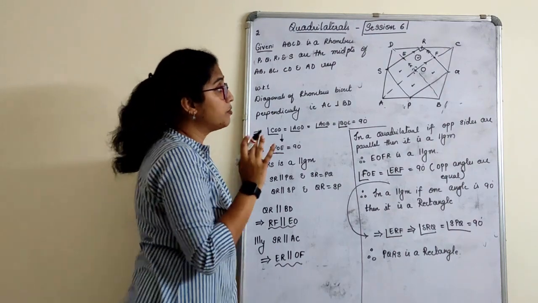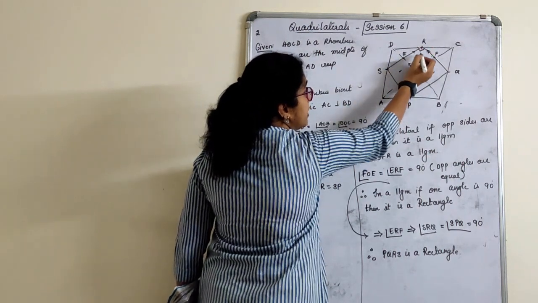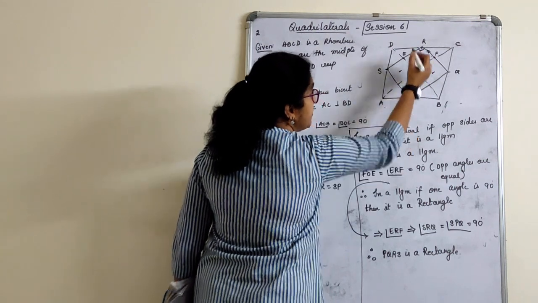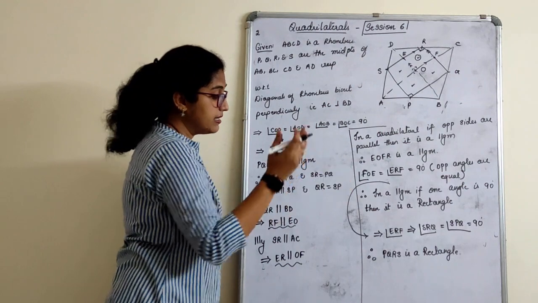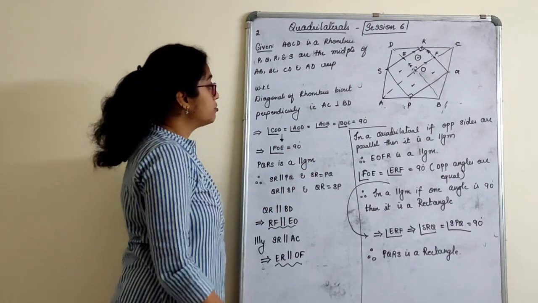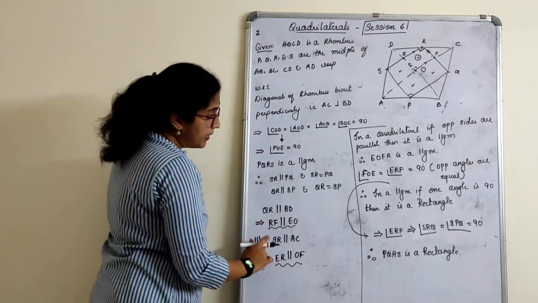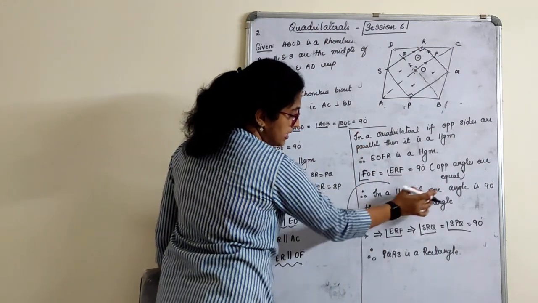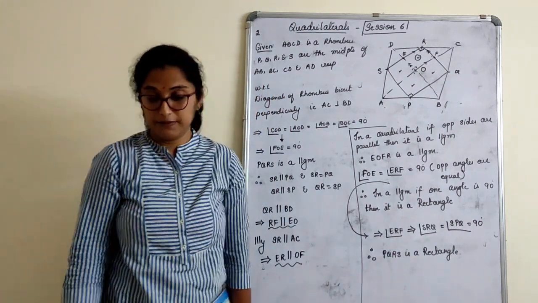Since it is a parallelogram, opposite angles are equal. If this angle is equal, then this angle is equal to this angle. Why? Because PQRS is a parallelogram. 90 degrees, hence it is a rectangle. So initially what I had written, I had dropped that completely, and this one part I had missed. Write down this and then give the statement. This is how you do it.